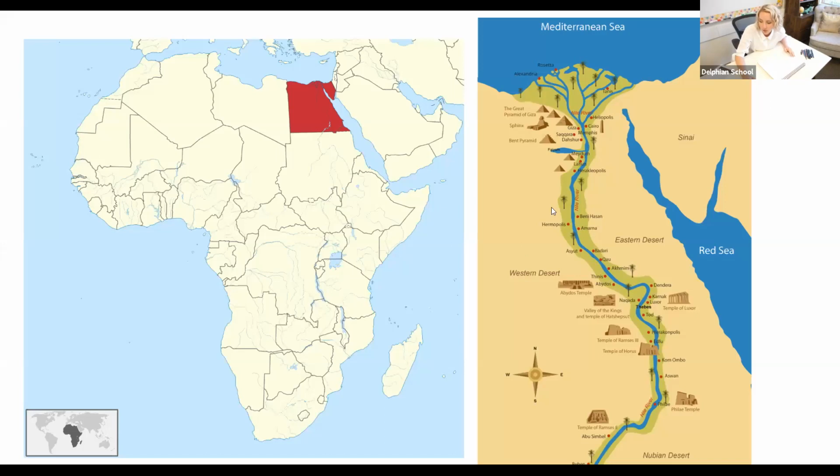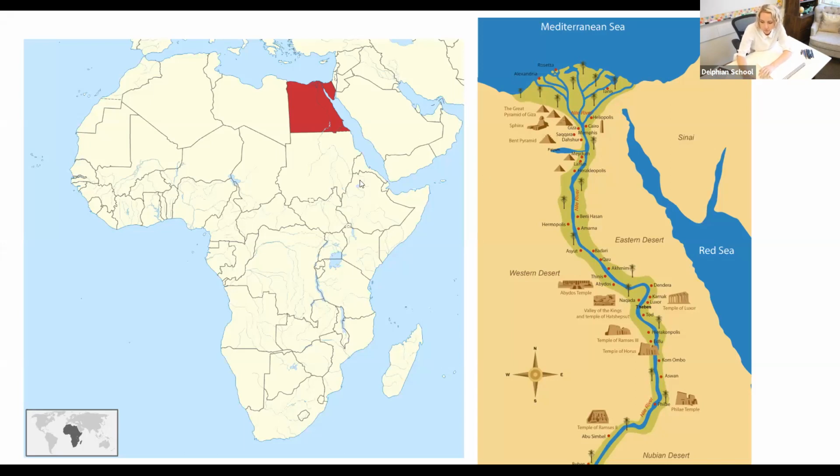And if you look at the green area that's around that Nile, that was really good land for farming. That's where people liked to live. And so the Egyptians were kind of like a farming community, and they settled here and they lived here for about 2,000 years.